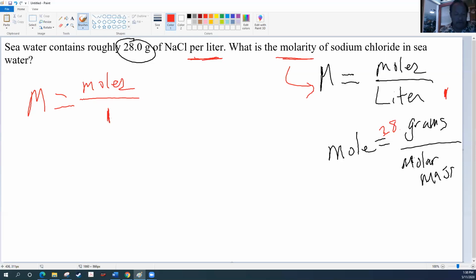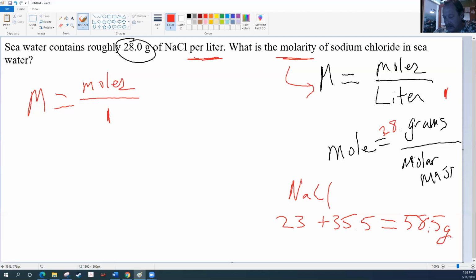And we can't really solve for molarity unless we figure out moles. Now, over here, a mole equals, for us, 28 grams divided by whatever the molar mass is. Well, we've got sodium chloride here, NaCl, and the sodium weighs 23, and the chlorine weighs 35.5, so this is going to equal 58.5 grams.